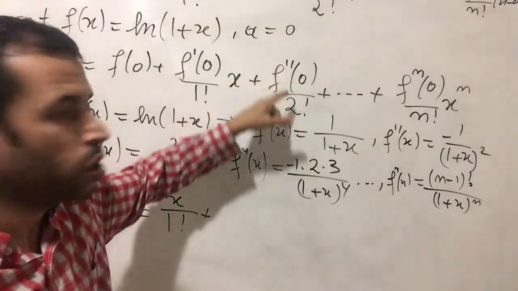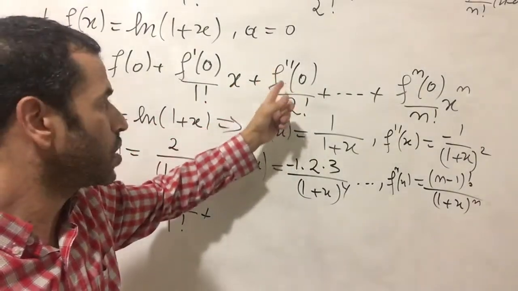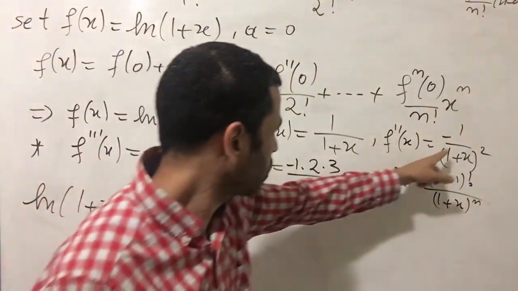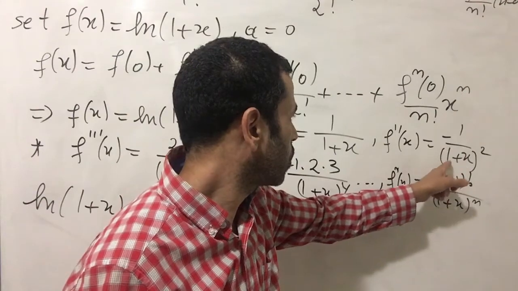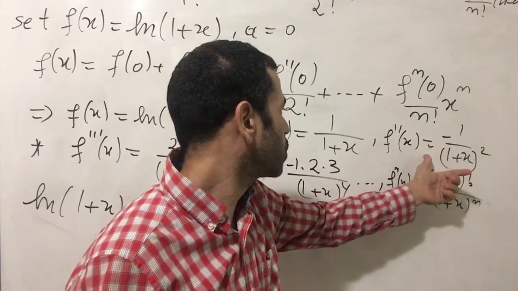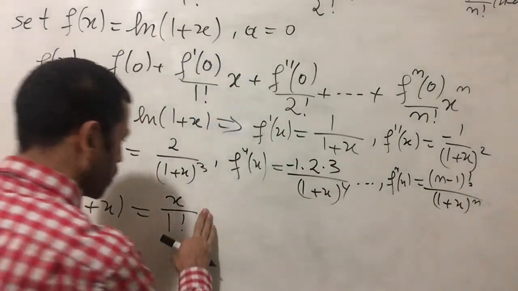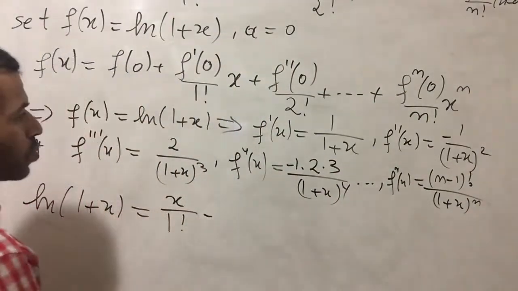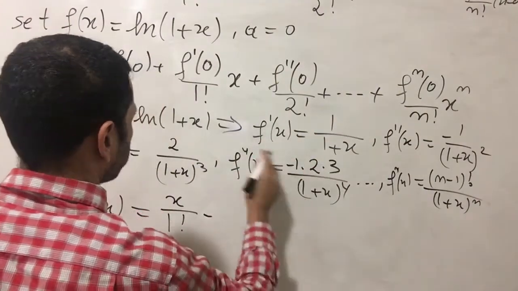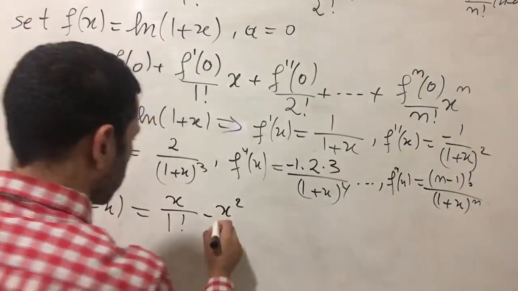I'm going to plug number 0 into the second derivative function. I will have minus 1 over 1 plus 0, which is minus 1. So we'll have minus 1 multiplied by x squared, which gives minus x squared over 2 factorial.